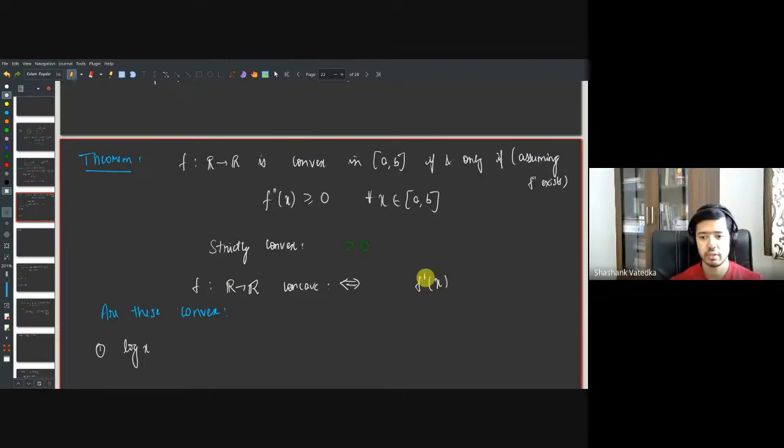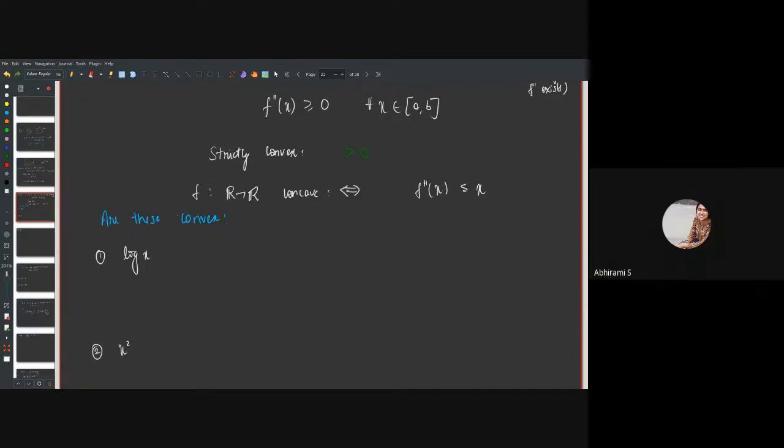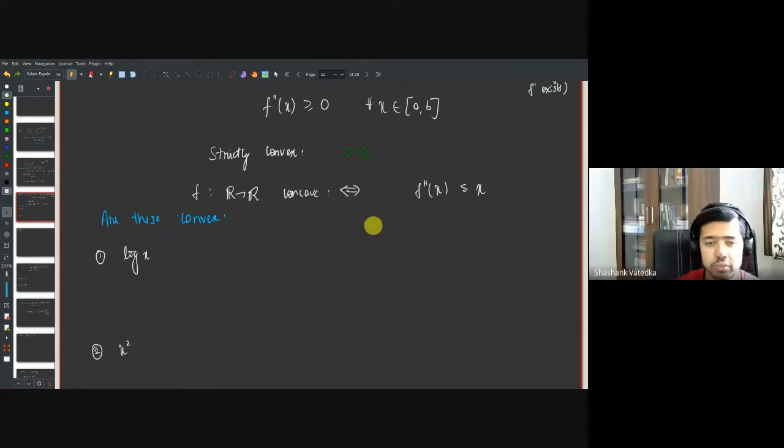So the second derivative of x should be less than or equal to, oops, sorry, less than or equal to 0 for all x in the corresponding interval a comma b.